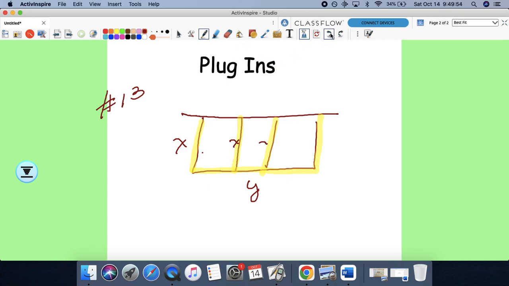I think they mean that this is X and this is Y, because looking at the answers at the bottom, we can say that this whole area is X times Y, which is 600, length times width.